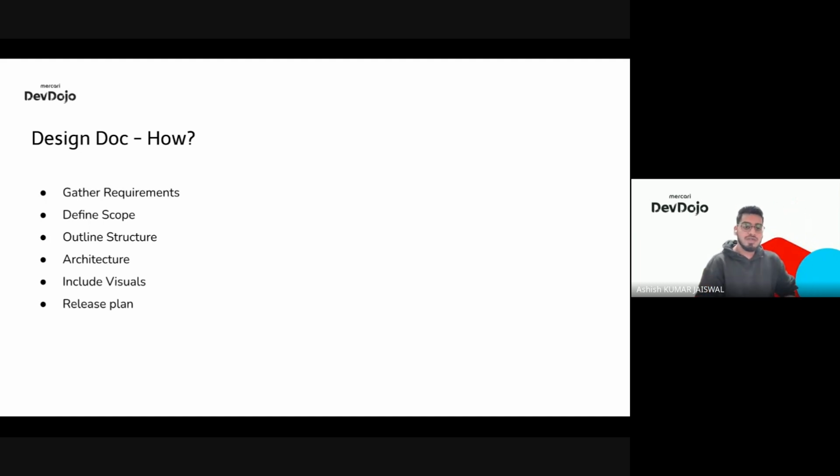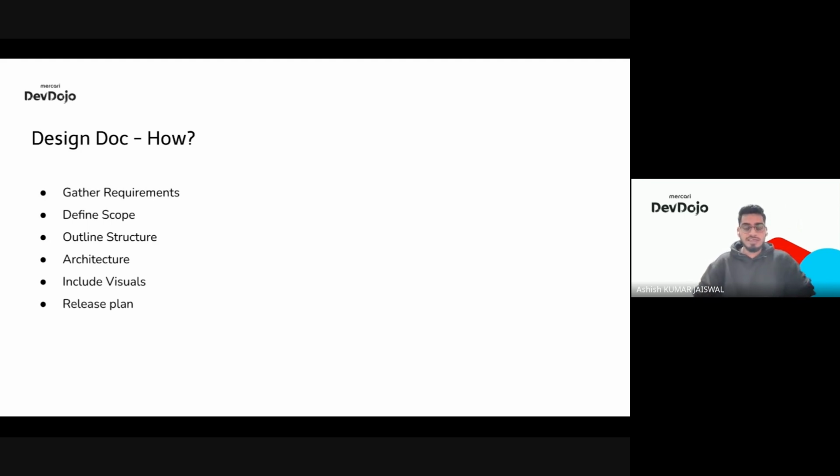Basically, you provide an overview of what the highlights of this design doc are going to be. Another thing is the architecture. You define the implementation details, and also the architecture design for your feature or system. You define the components of the architecture if required, and also mention how those components are going to interact with each other. That part also comes under the architecture section.